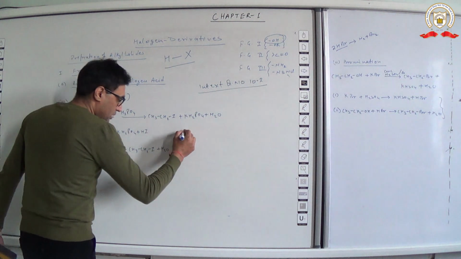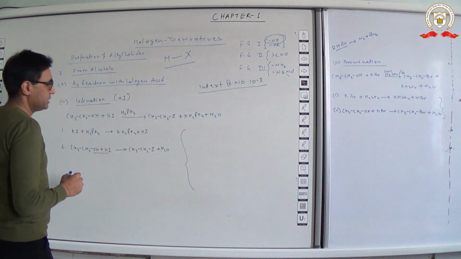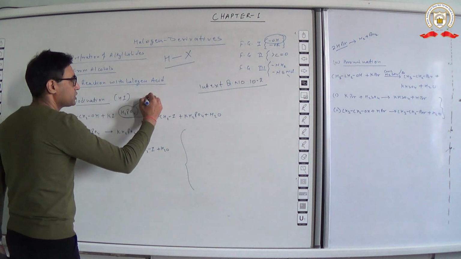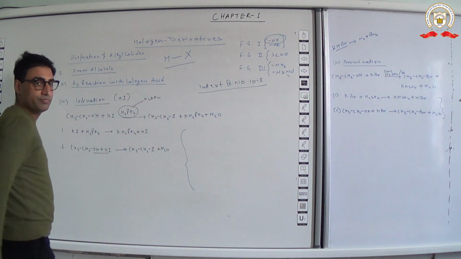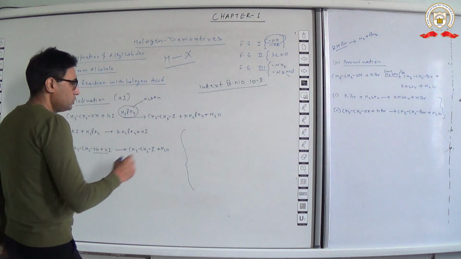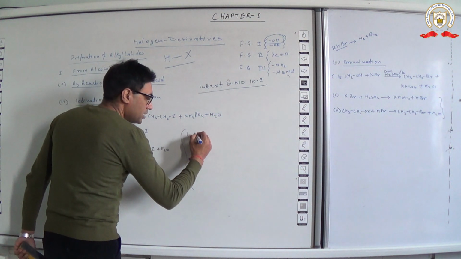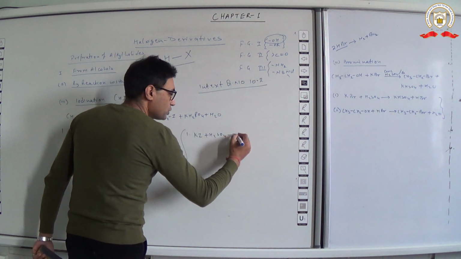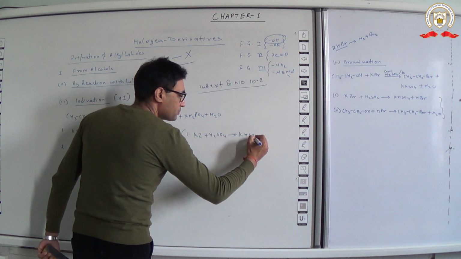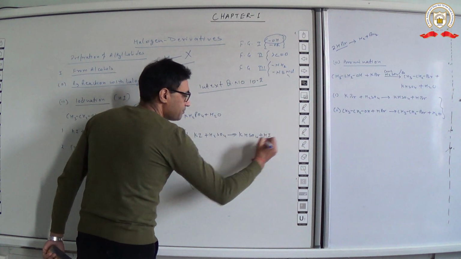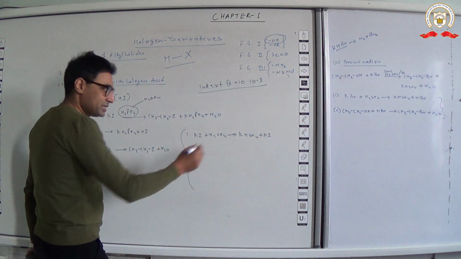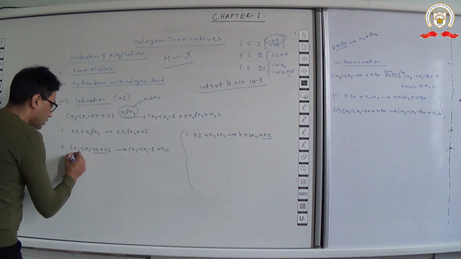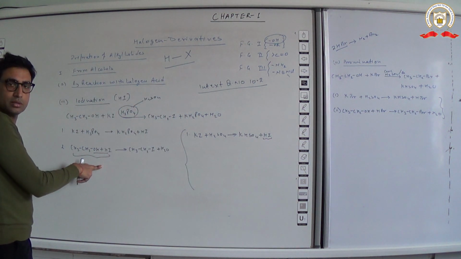The question comes to our mind, what would have happened if I had used H2SO4 instead of H3PO4? Well, in that case also, in the first step, it is KI that would have reacted with H2SO4 to give you KHSO4 plus HI. And what we are expecting is that this HI should have reacted with alcohol like it is doing here.